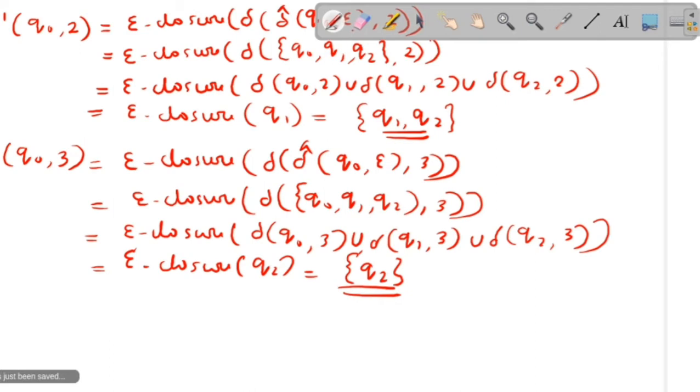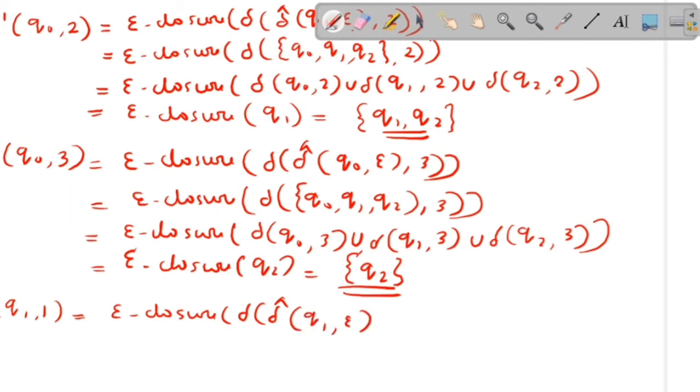Next we can calculate delta dash of Q1 comma 1. Delta dash of Q1 comma 1 is epsilon closure of delta cap of Q1 comma epsilon comma 1. That is equal to epsilon closure of delta of, what is Q1 comma epsilon? Delta cap of Q1 comma epsilon is epsilon closure of Q1, which is Q1 Q2.